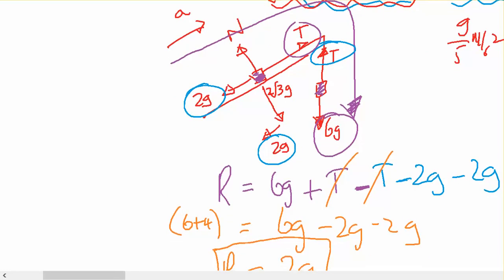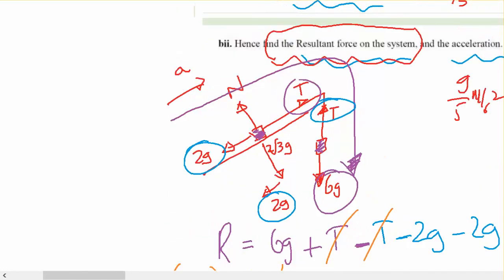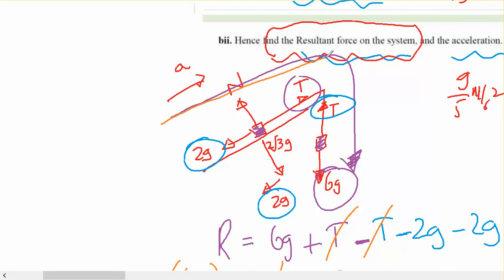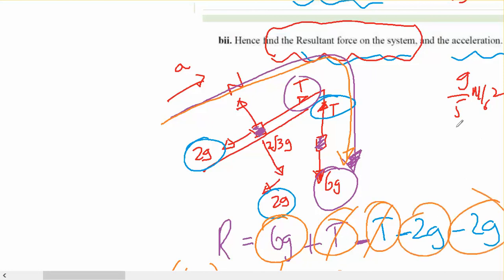So for the resultant force of the whole system, think about all the motions and add all of those that are going in the direction of motion and minus all of those going in the opposite direction of motion. And of course, these two forces have no impact whatsoever because they're balanced, because the particle didn't leave the surface.